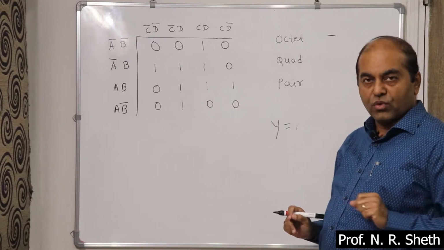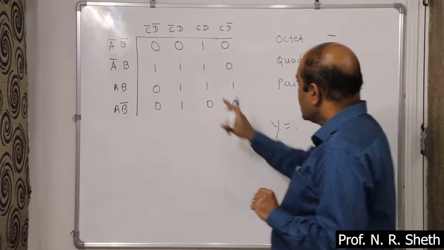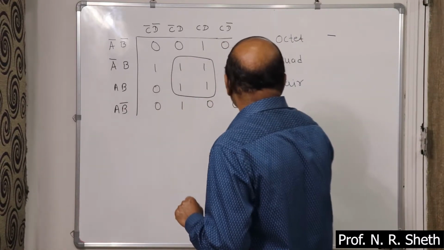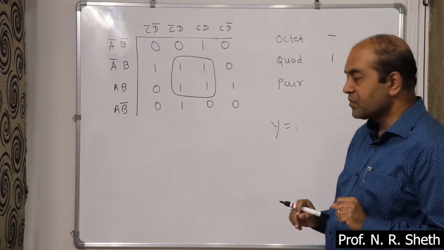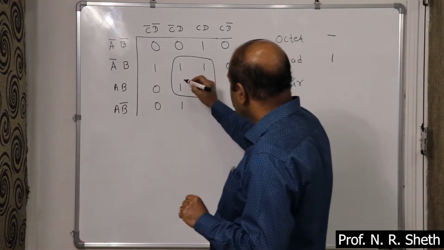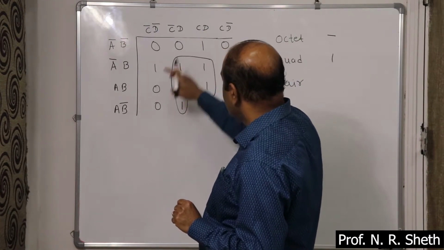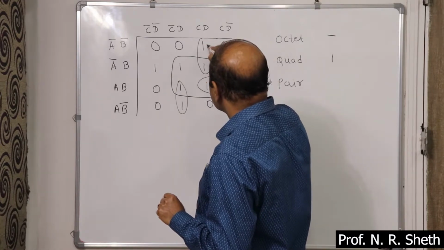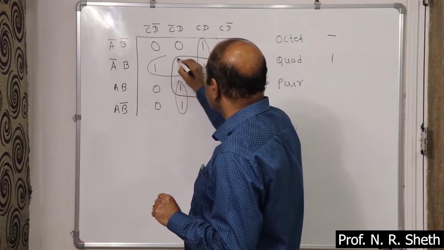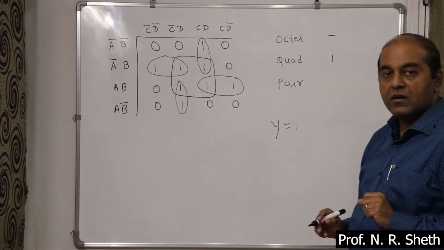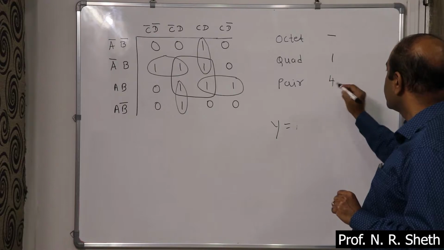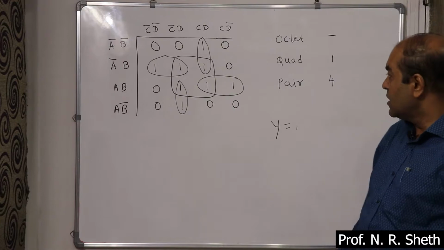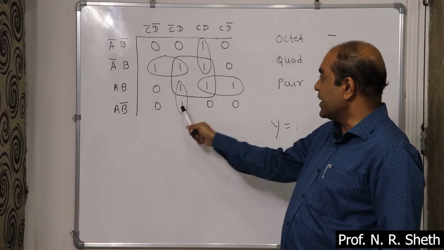Then group of 4, that is quad. 1, 2, 3, 4, the center part is here. So we have one quad. Then pairs, because 4 ones are not possible. Here also, third one and 4 ones. So 4 pairs. Okay. 1 quad, 4 pairs.